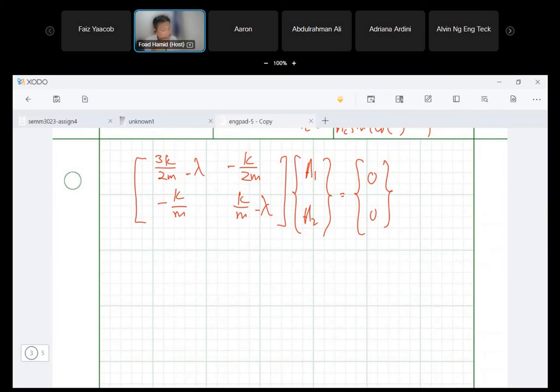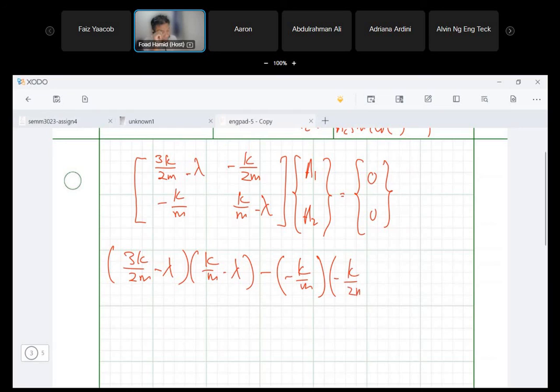So it asks for the characteristic equation, and the characteristic equation is simple. Basically, the cross multiplication, as when you are trying to find the determinant. So in this case, it is just 3k over 2m minus lambda, times k over m minus lambda, minus k over m times k over m, equal to 0.